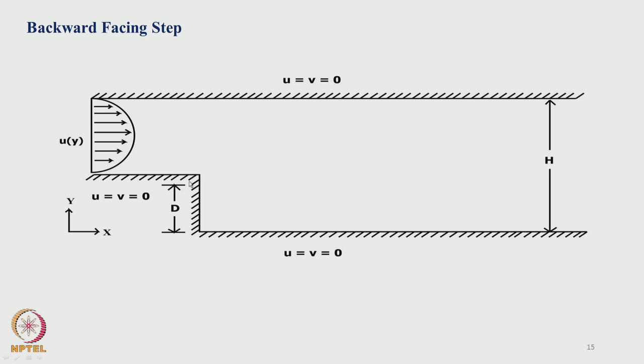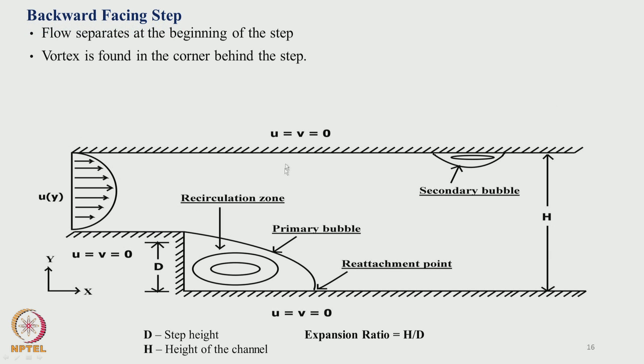The step has a height given by d and the original channel width has a height h. Because there is a wall on the top and wall everywhere, you specify a boundary condition u is equal to v is equal to 0. If you look at the flow pattern, flow separates at this corner and then it comes and reattaches. There is a recirculation zone and reattachment point.